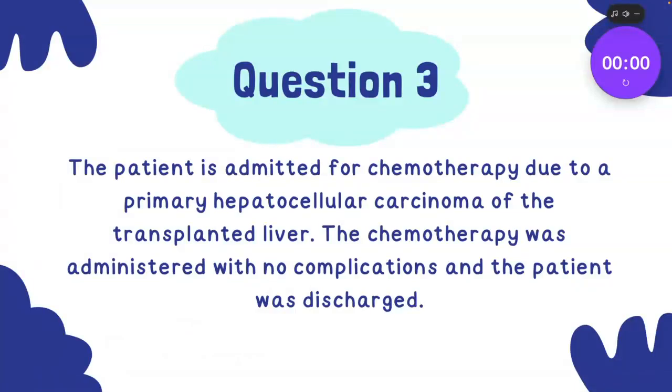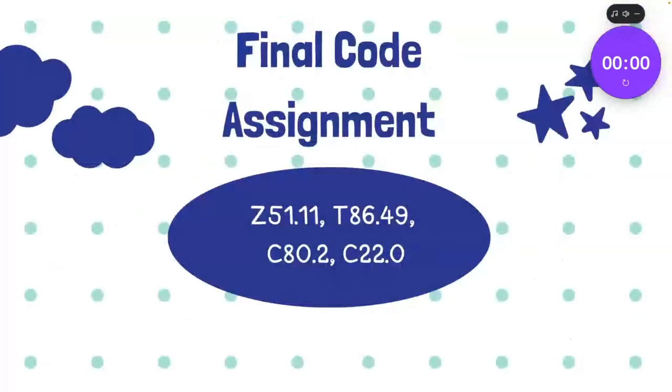All right. So I will display the codes. So, per guidelines, if the reason is for the therapy, the guidelines state something like chemotherapy, radiotherapy, immunotherapy, something like that. That code goes first. And then you would list a code for a malignant neoplasm associated with a transplanted organ. And they call it a transplant complication.